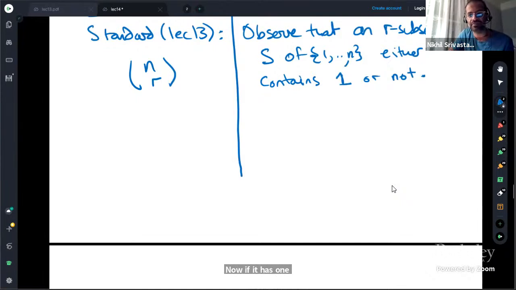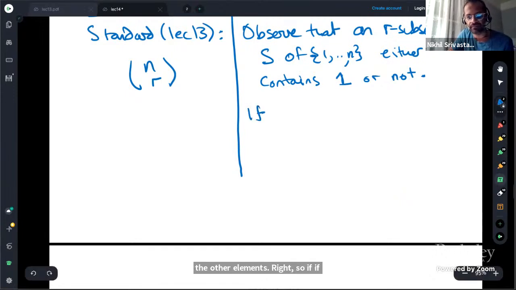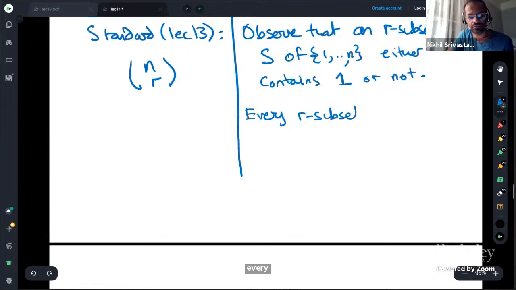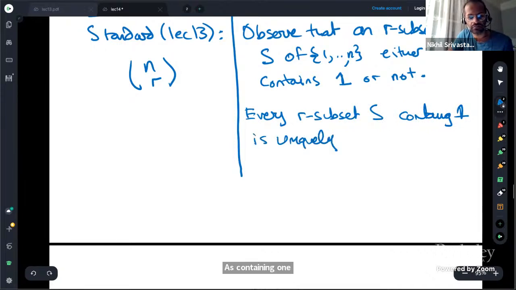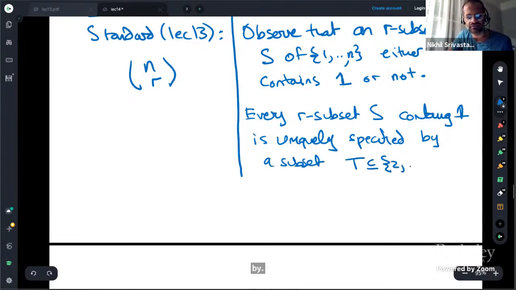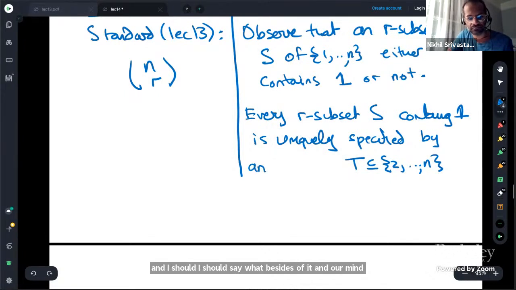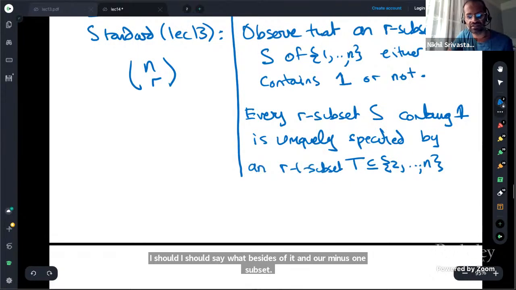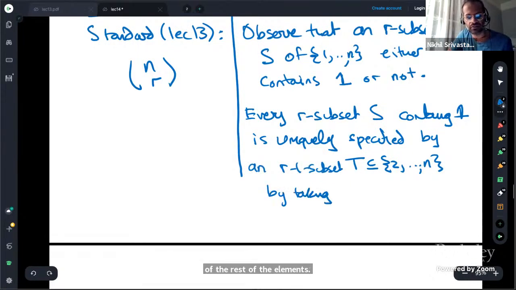Okay. Now, if it has 1, then actually I can uniquely specify it by specifying the other elements, right? So every R subset S containing 1 is uniquely specified by a subset T of the rest of the elements, an R minus 1 subset T, by taking S to be T union the element 1, because we know S contained 1.